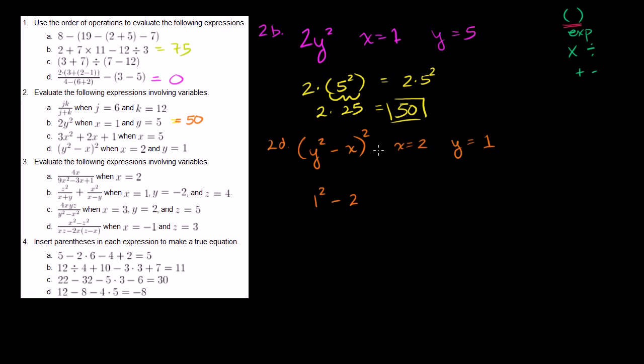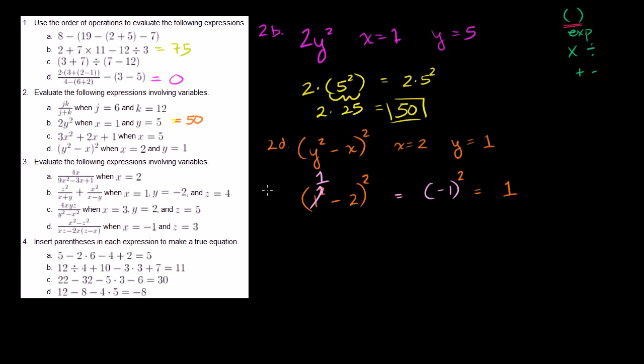So we just put a regular x there. That's where we put a 2. And then all of that squared. Well, 1 squared is just 1. 1 minus 2 is negative 1. And then we're going to want to square our negative 1. So that will be equal to positive 1. Negative times the negative is a positive.